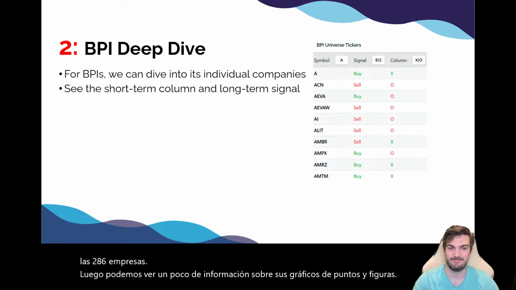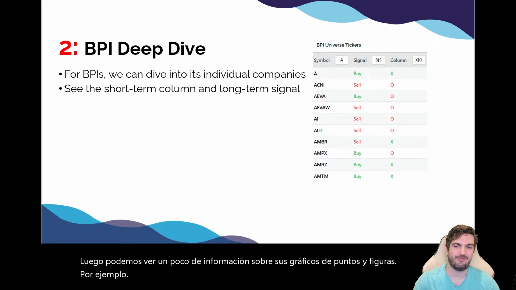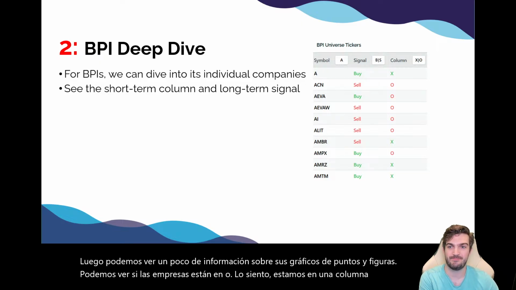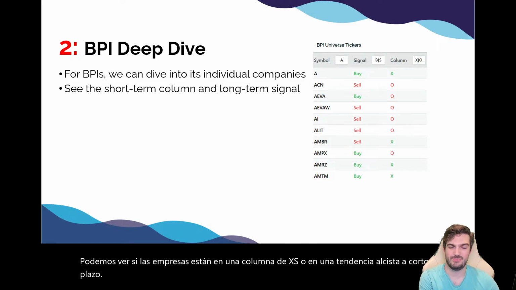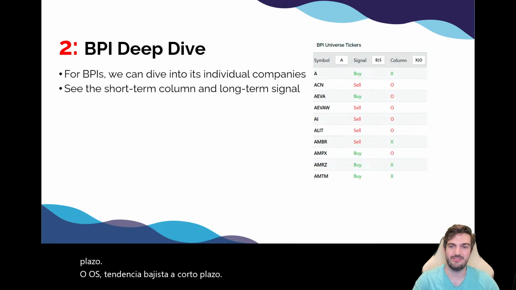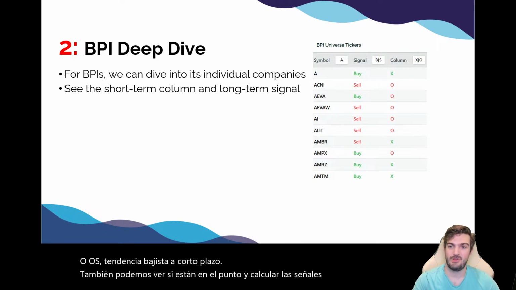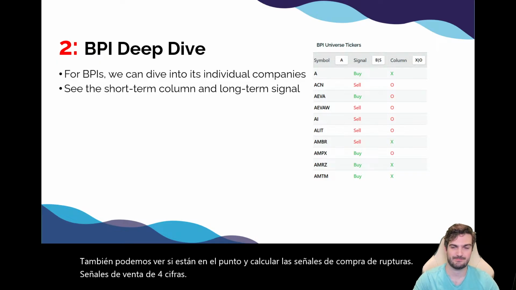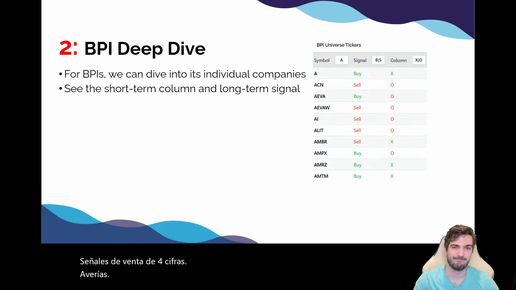For example, we can see if the companies are in a column of X's, or a short-term uptrend, or O's, short-term downtrend. We also can see if they are on point and figure buy signals, breakouts, or point and figure sell signals, breakdowns. But here's the really cool part.